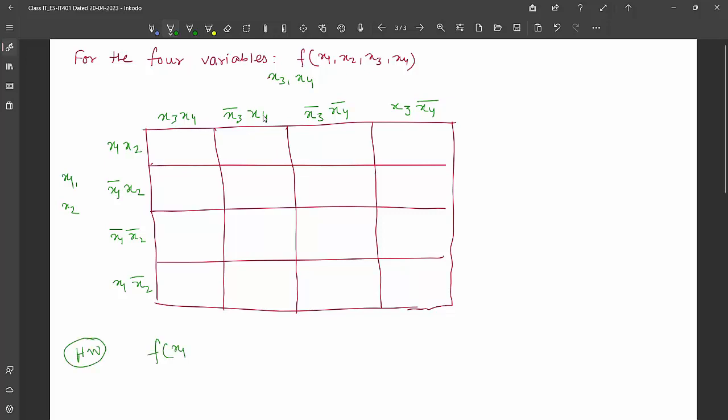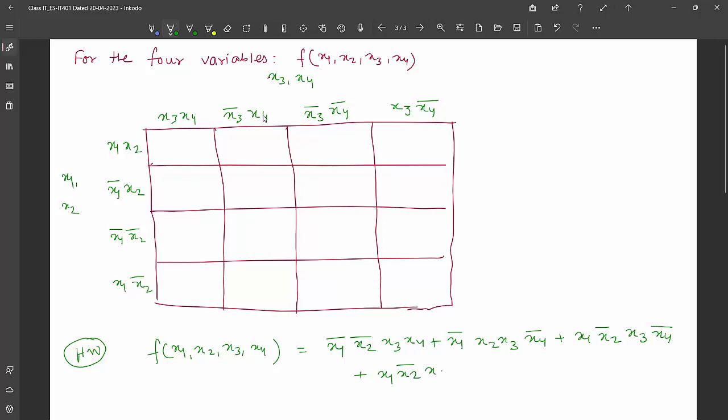Take one problem in the 4 variables x1 x2 x3 and x4, and the expression is x1 bar x2 bar x3 x4 plus x1 bar x2 x3 x4 bar plus x1 x2 bar x3 x4 bar plus x1 x2 bar x3, and I think 1 2 3 4, okay, take x1 x2 x3 bar and x4, and plus x1 bar x2 bar x3 and x4 bar.